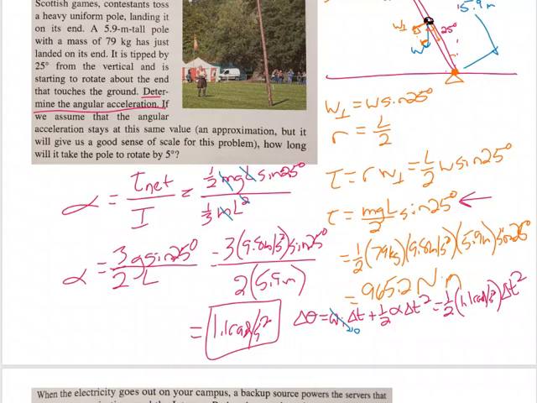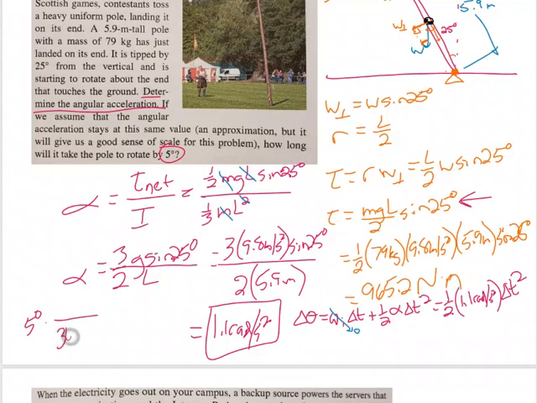You get 1/36, which as a decimal is 0.0277. Okay, we want 5 degrees, and we want to get rid of degrees.